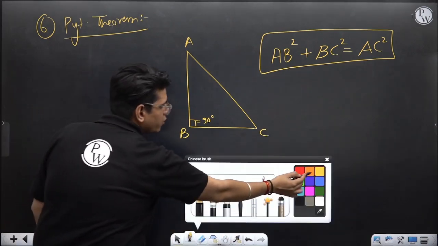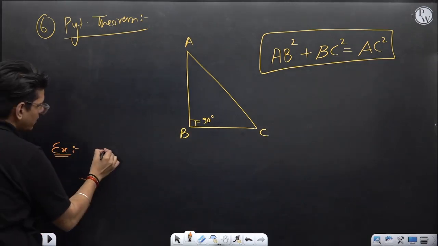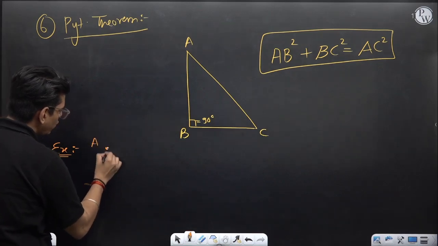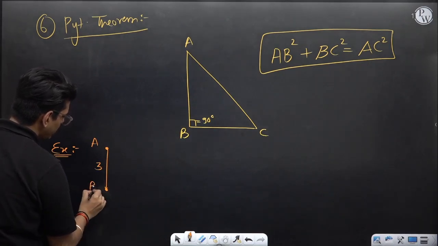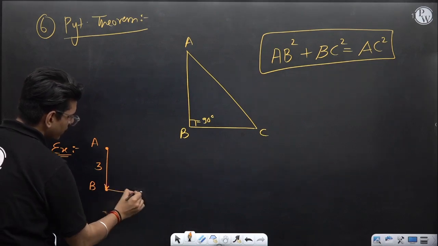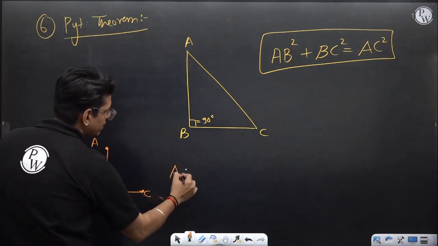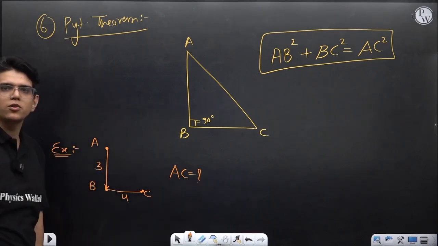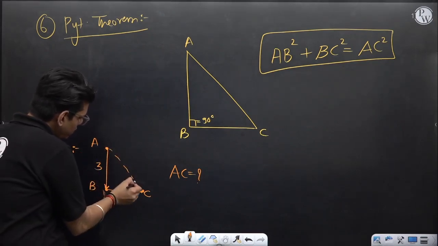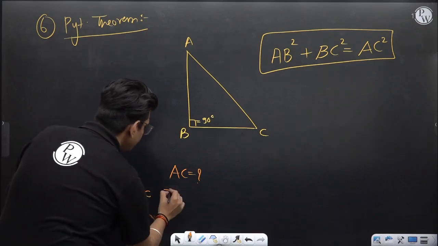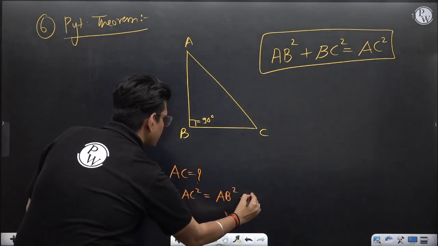What does it mean? How to use this in solving a question? For example, A moves from point A to B, which is 3 units, right? And then from B to C, it moves 4 units, right? Now in the question, AC is asked: what is the distance between the final position with respect to the initial position? So from Pythagoras theorem we know AC square equals AB square plus BC square.